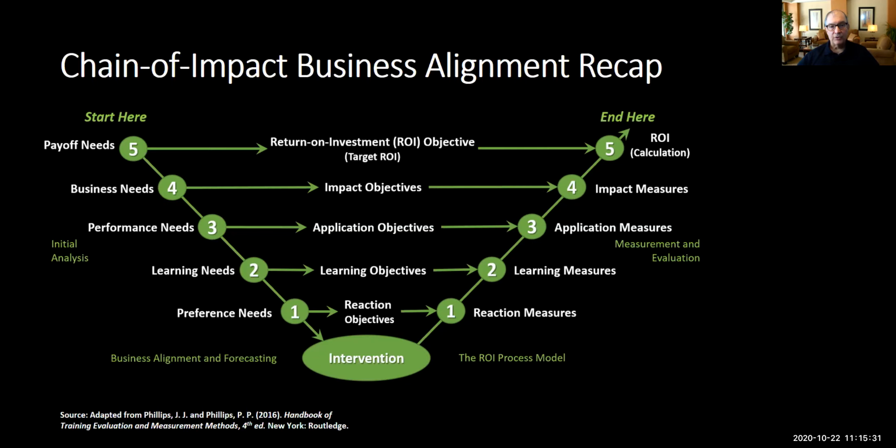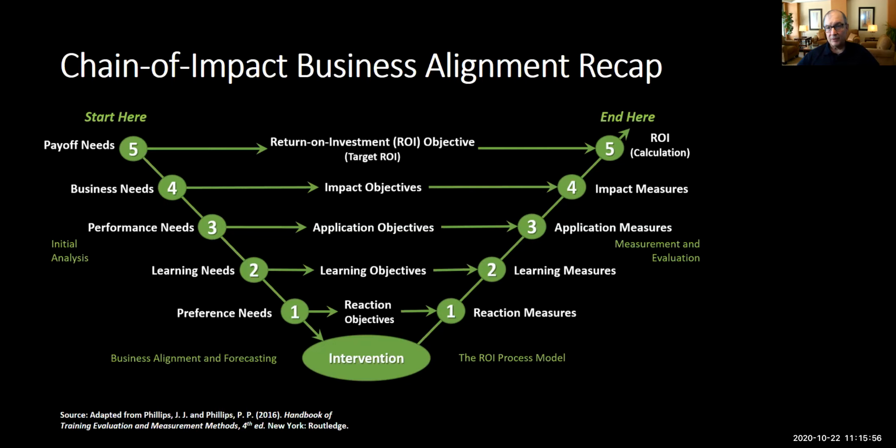Learning needs, level 2. Okay, we said that learning needs in this case were, we'll throw out an example, need the supervisors to learn how to lead more effectively. Learning outcomes: pass the learning objectives of their leadership development program, perhaps with a specified score, 70%, 80%, it really doesn't matter.